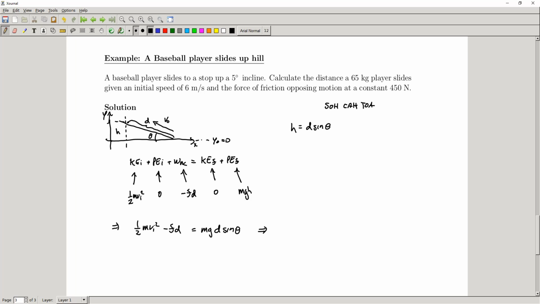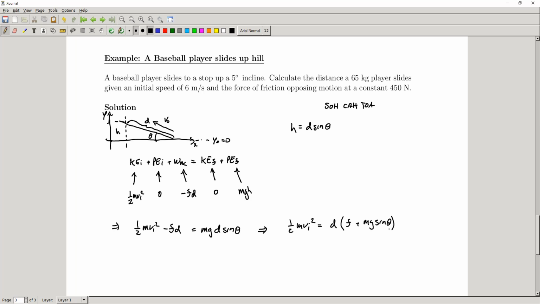Let me slide a few things around here and we'll solve for that. So we have 1/2 m v initial squared equals, and I'm going to factor out the d because we want to solve for d. We've moved the f over to the right hand side, so it's going to be a positive f plus m g sine theta, right?